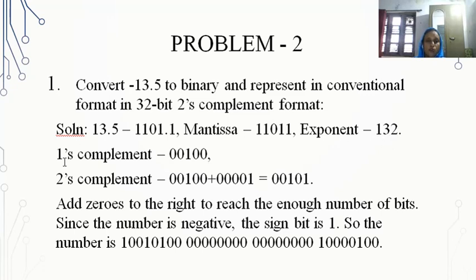If you find its 1's complement, you get 00100. Just changing ones to zeros and zeros to ones gives you its 1's complement. We learned it in our last class. Then to get the 2's complement from this, we have to add 1 to this number.